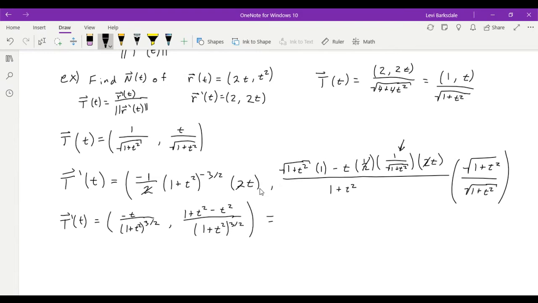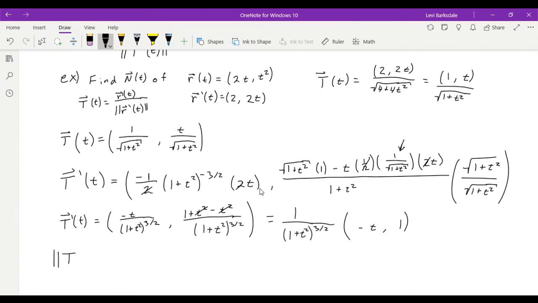And if we further simplify that, we can go ahead and pull out a 1 over 1 plus t squared to the 3/2 as a coefficient. On the inside, we're left with a minus t, and then t squared minus t squared, those cancel, comma 1.